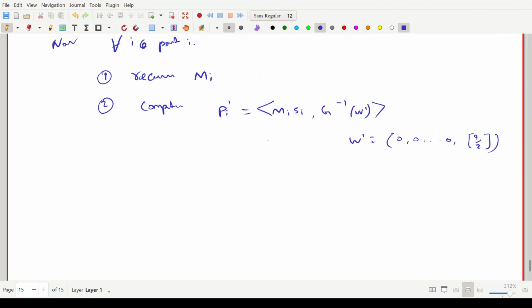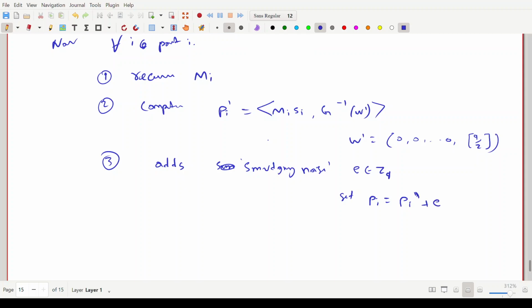And the third point is, he adds the smudging noise E belonging to Zq. Set Pi equal to Pi dash plus E.